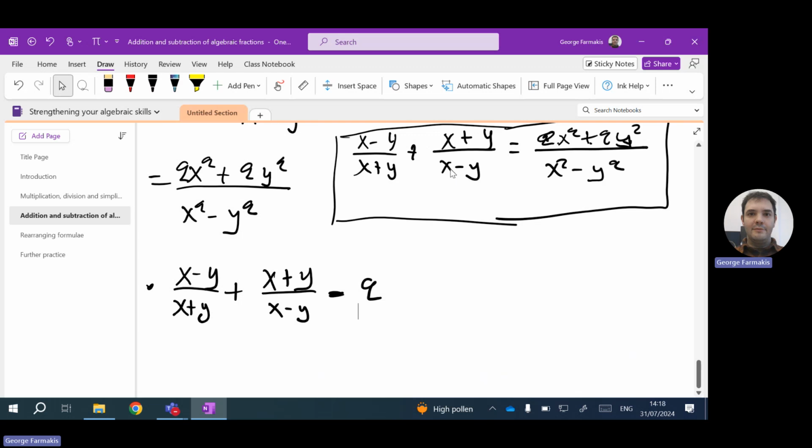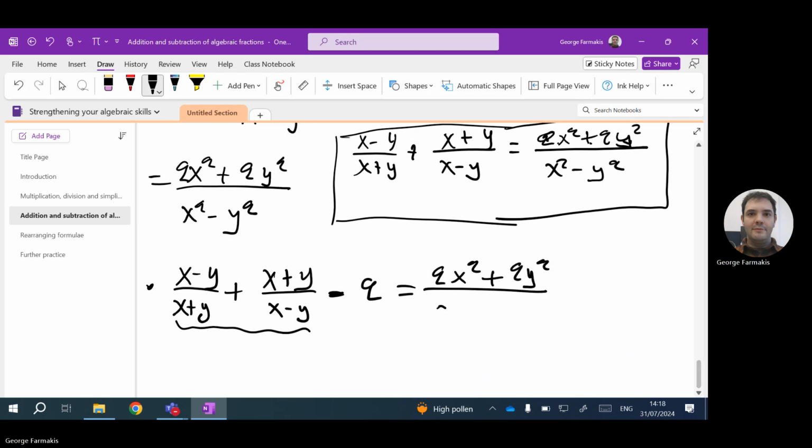But we know that this part is equal to 2x squared plus 2y squared over x squared minus y squared, minus 2. So it remains to do this subtraction.